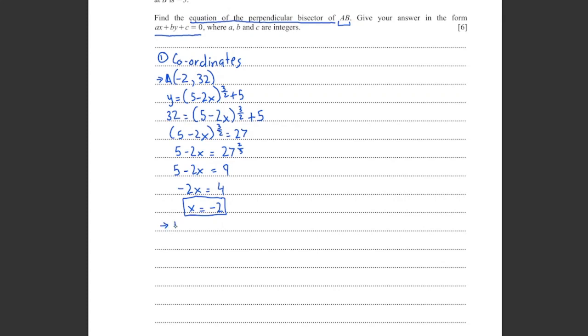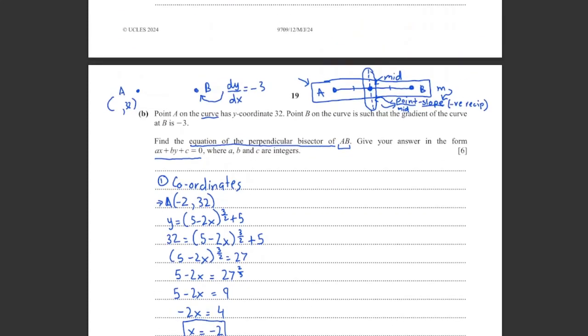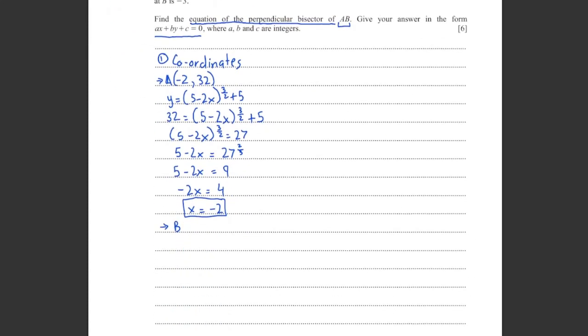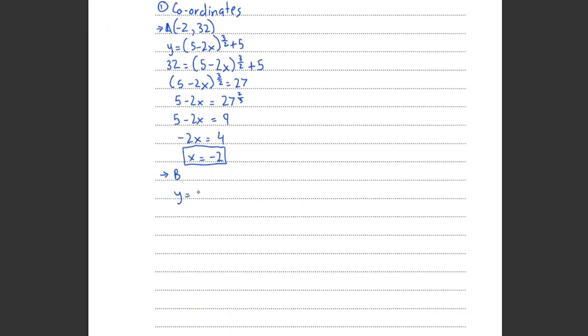Now I want to find the coordinate of B. How do I do that? Well, they've given me the gradient for B. I have my equation y equals (5 minus 2x) raised to the power 3 by 2 plus 5, and I'm just going to differentiate this. So dy by dx is going to be 3 by 2, (5 minus 2x), and 3 by 2 minus 1 is 1 by 2.